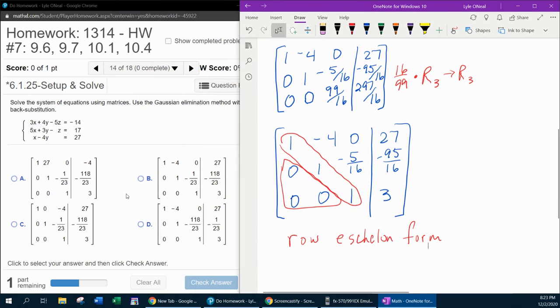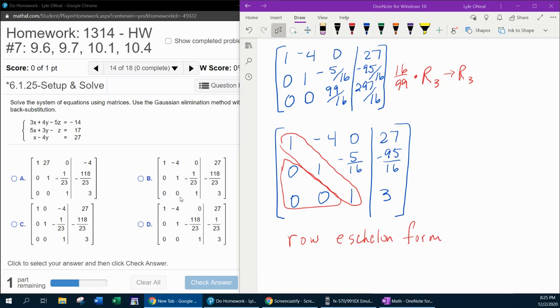Does this match any of these answers here? I don't see that it matches any of those answers here. Okay, so after contemplating my situation here for a second, what I noticed is that the first row, 1, -4, 0, 27, matches B and D both.